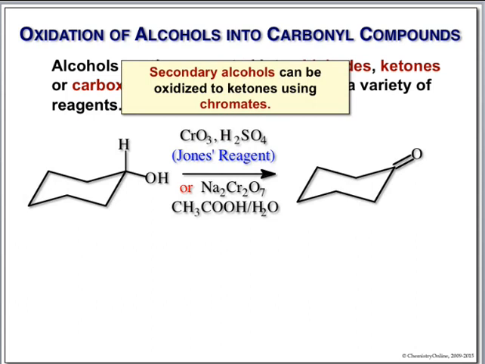The other way is what's called Jones reagent. Jones reagent is basically a chromate. If you've ever worked in a real lab, this is cleaning solution. Chromate and sulfuric acid, very powerful cleaning solution. It'll remove almost everything from old glassware.